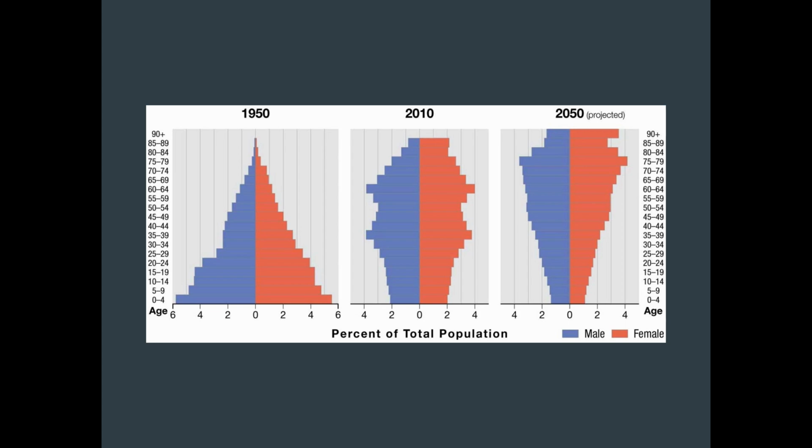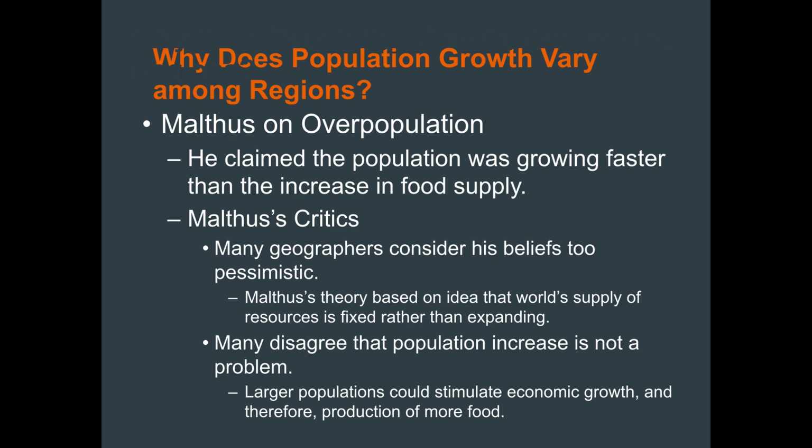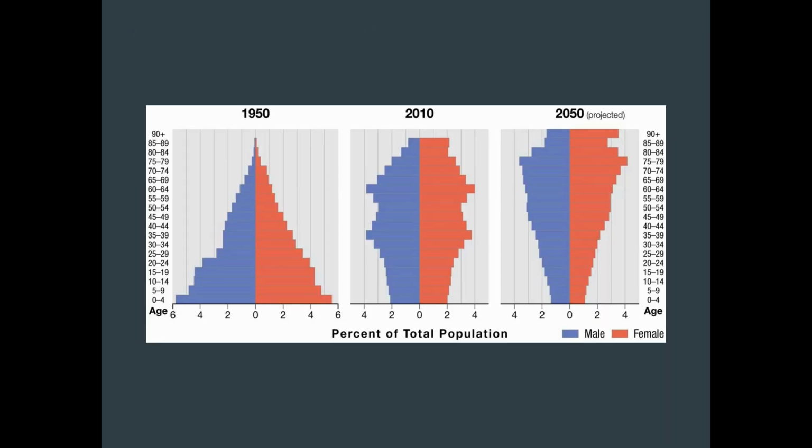So this is the percent of total population. And you can see 1950s, 2010, and 2050 projected. You can tell how the United States is going backwards. Oh, I'm sorry, this is Japan, not the United States. So Japan. And you can see there's a possible stage 5 with declining population. So 1950s, they're growing.